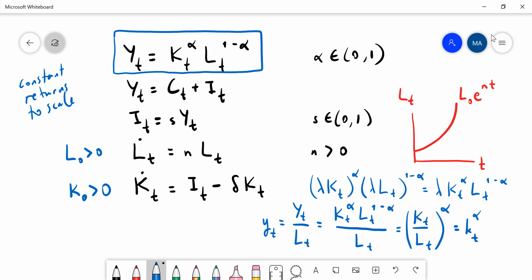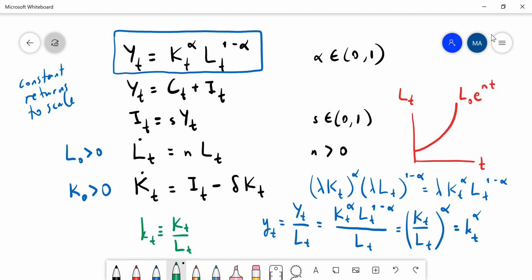This is a new variable that I define as capital per worker, okay? So GDP per worker is again a nice, strictly concave function of capital per worker.